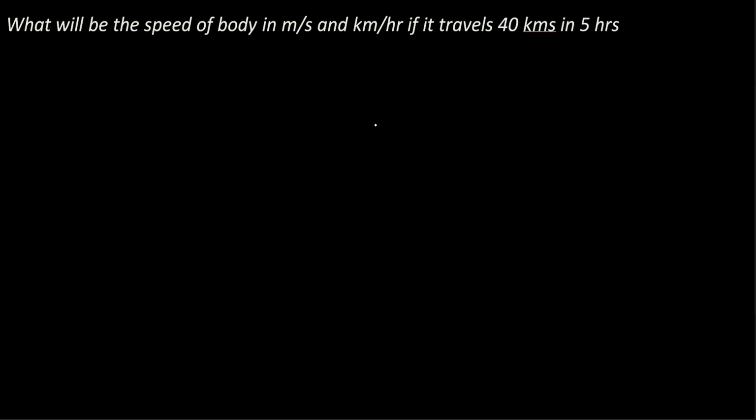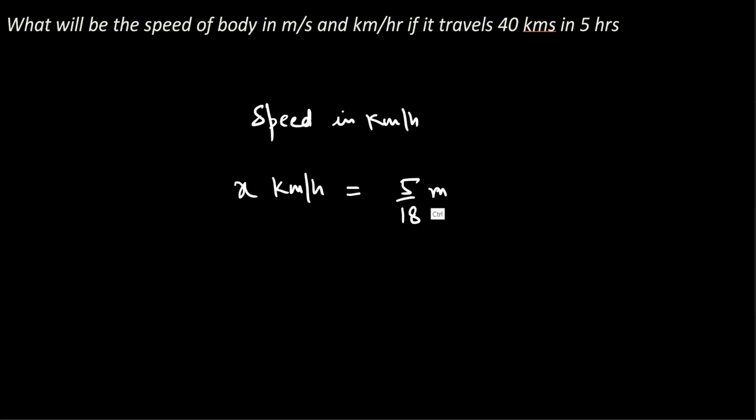Now conversion of speed: meter per second into kilometer per hour. If you have any speed x kilometer per hour, it is equal to 5/18 times the meter per second.